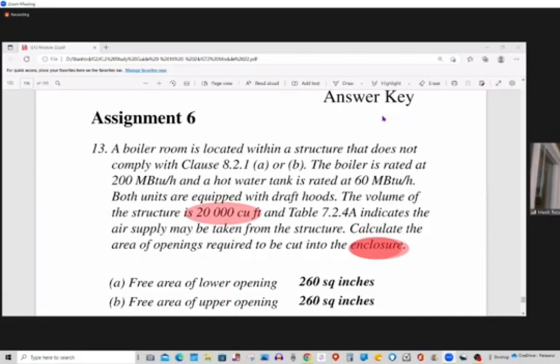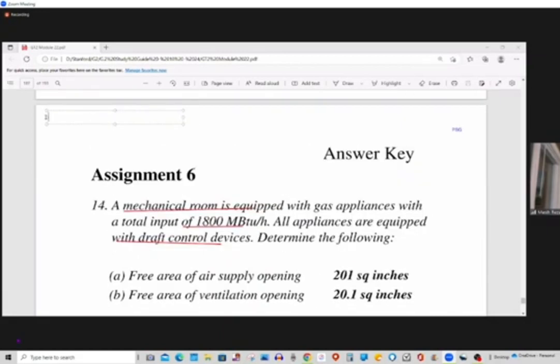So we go with which clause, sir? 8.4.1 and 8.4.2. 8.4.1 for venting and 8.4.2 for combustion.